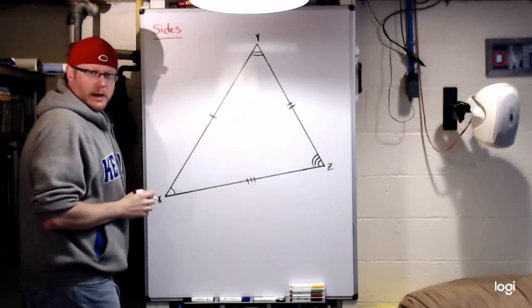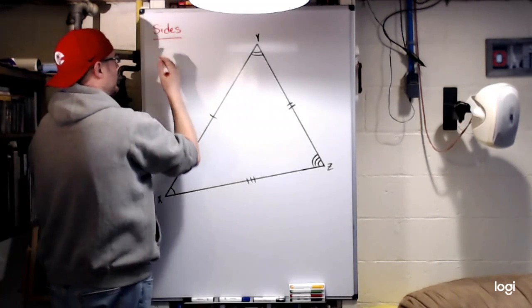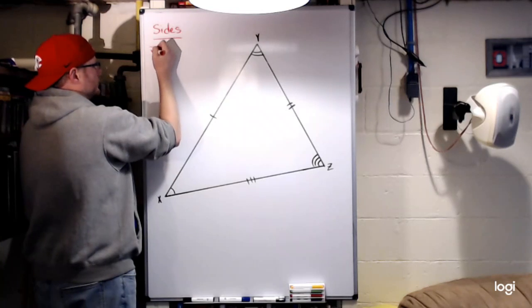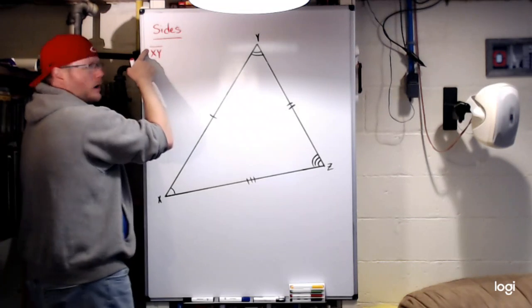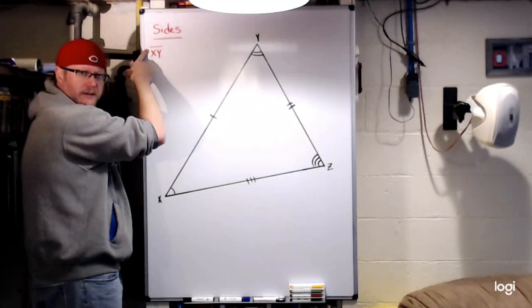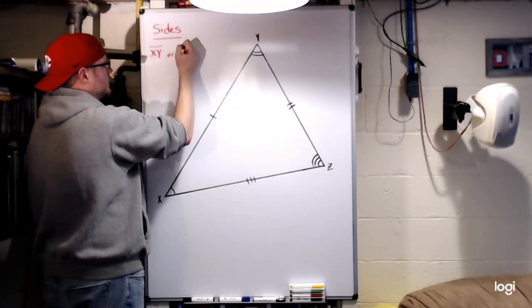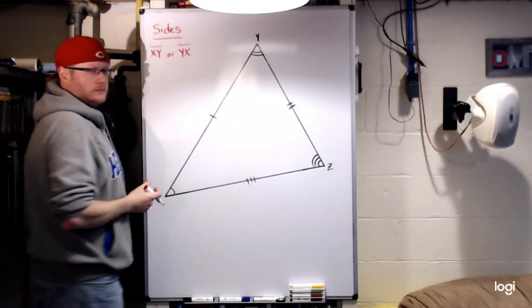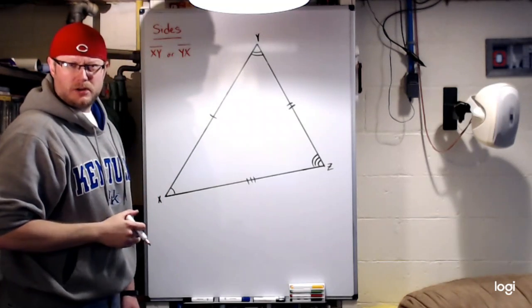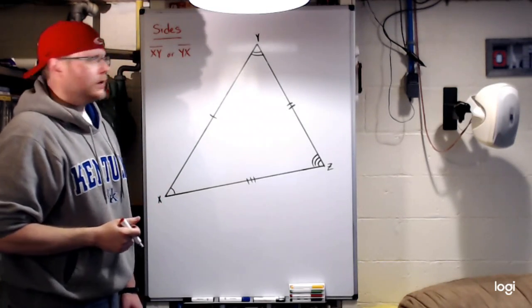So, the sides of my triangle, first are side XY. Remember our symbols, people. That little bar that we put above it, that signifies segment or side. Segment XY or segment YX. Remember, segments don't have direction, so we can call it either one, XY or YX.